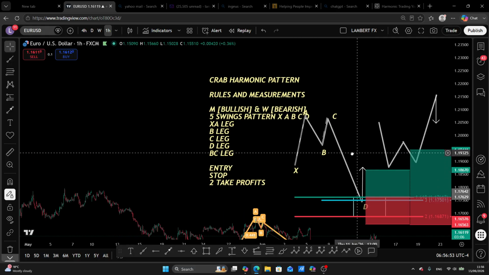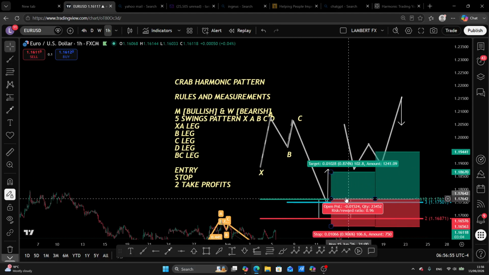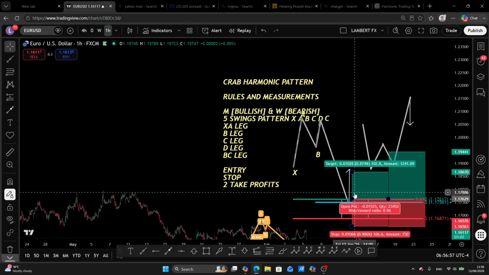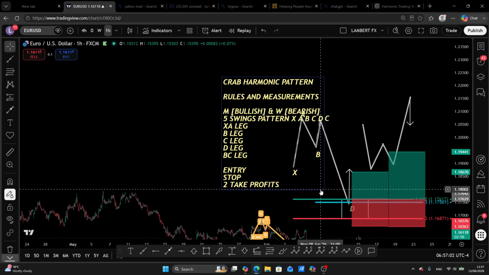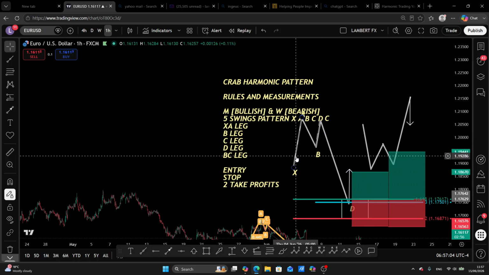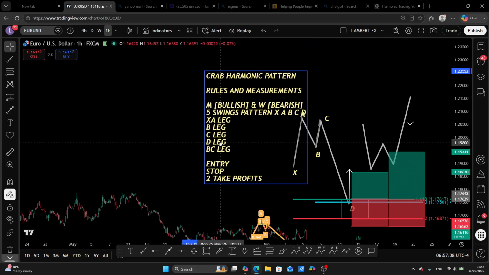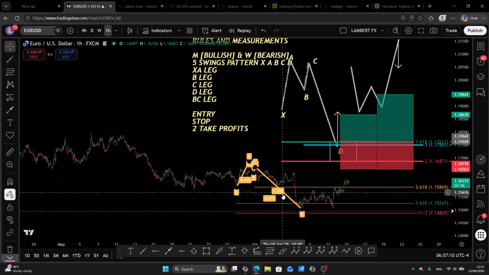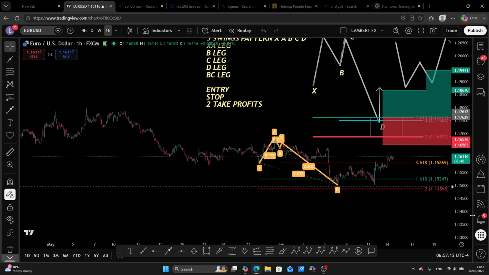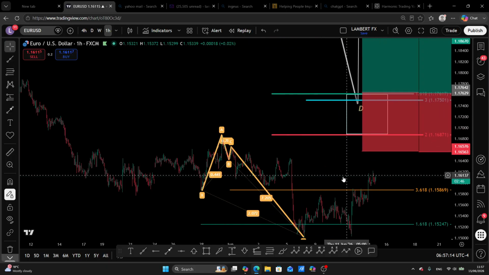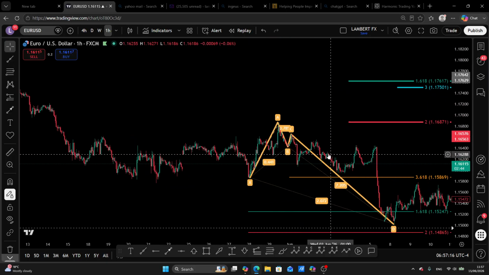I'll go risk free, and then I'll aim for the second take profit. Like I said, you would get your 0.382 first take profit 100% of the time if this leg is measured correctly. All right, so let's dive into some examples. We have a very good example on the EUR/USD 1 hour time frame right here.